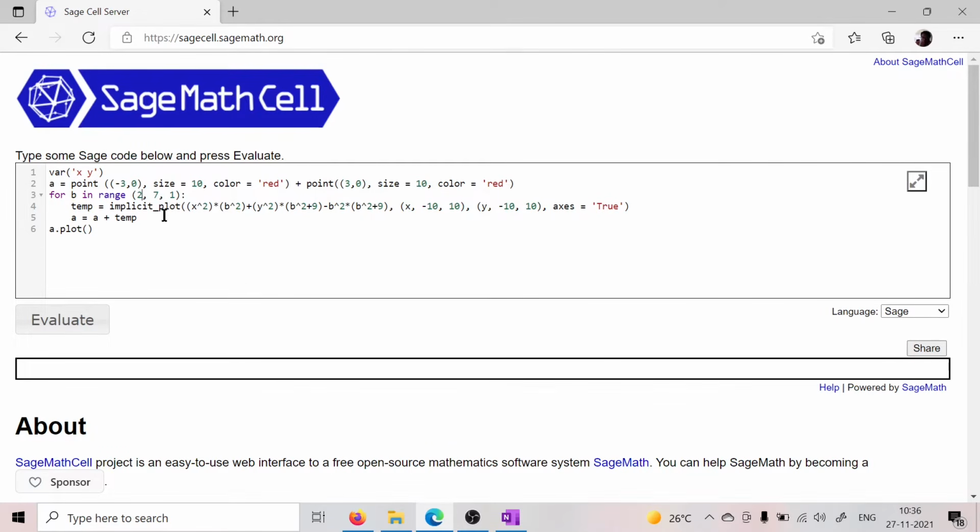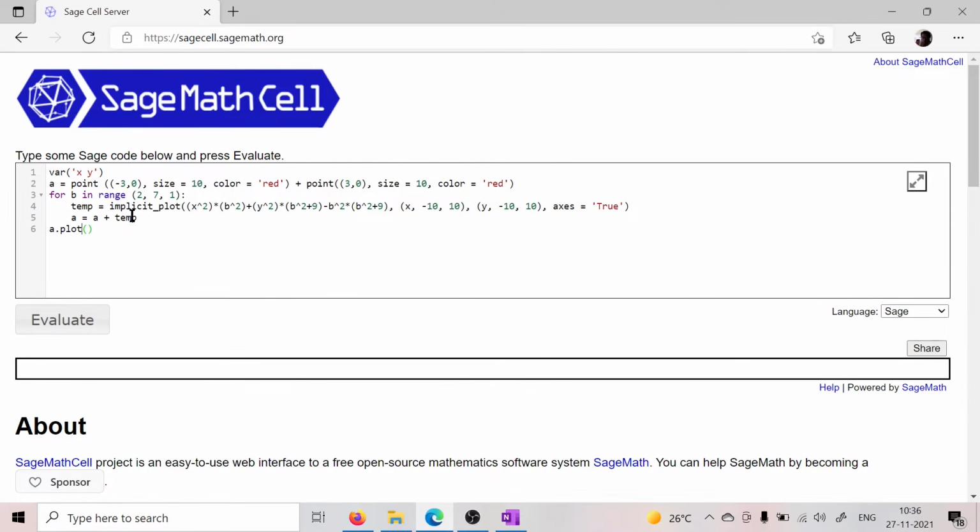And all these ellipses are stored in the temp variable, which is added to the a variable, which previously held the points and now holds the ellipses as well, and finally the a variable is plotted in the last command.